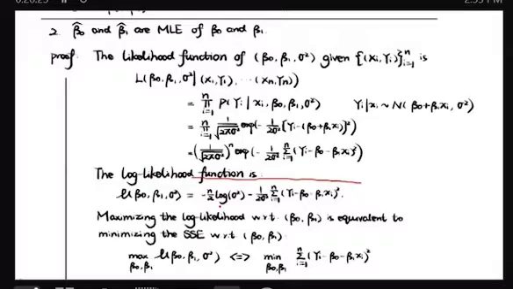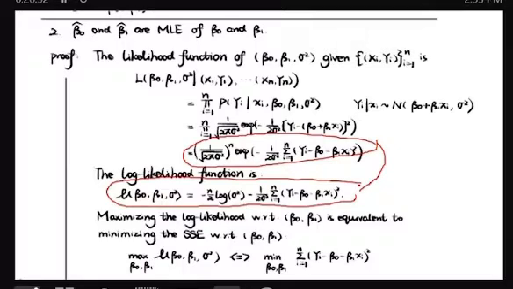Is there anyone who doesn't understand how we go from here to here? Going from there to here is to take the logarithm, the natural log. Yeah, that's a good question. So can I explain why we take the log of the likelihood function?